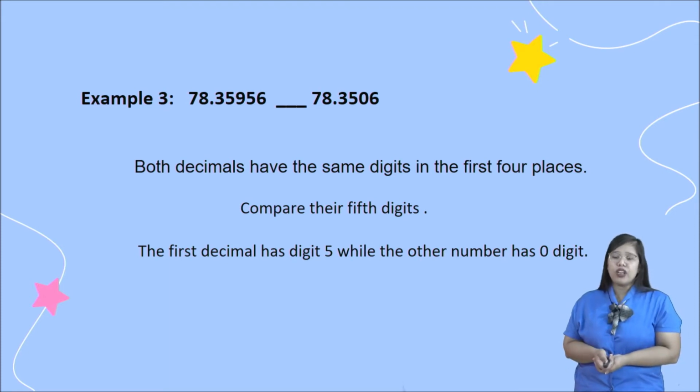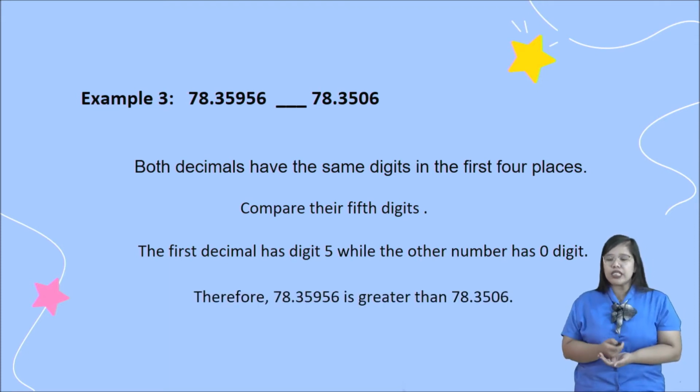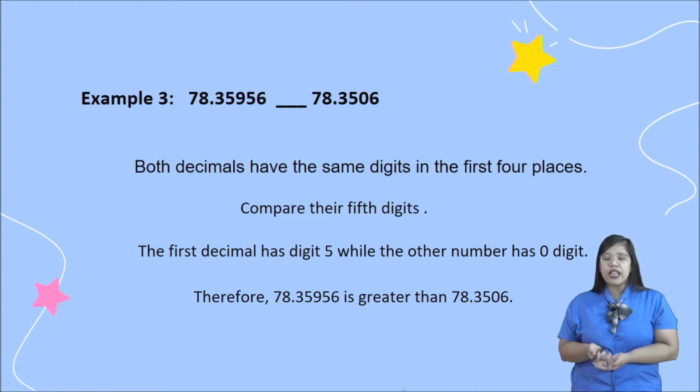So we conclude that 78 and 35,956,000 is greater than 78 and 3,516,000. So we will be using greater than.